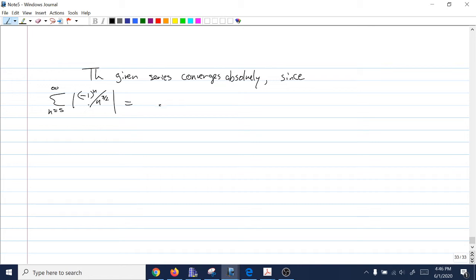So, let's answer it. The given series converges absolutely, since the sum of absolute value negative 1 to the n over n to the 3/2, which is the sum of 1 over n to the 3 halves, is a convergent p-series.